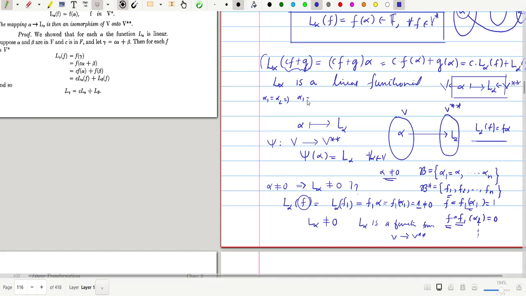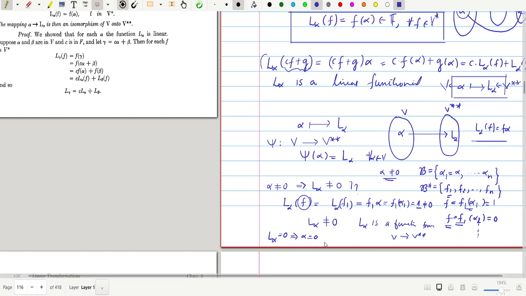Before we can conclude, the meaning of this statement is that the contrapositive of the statement is L alpha equal to 0 implies alpha equal to 0.